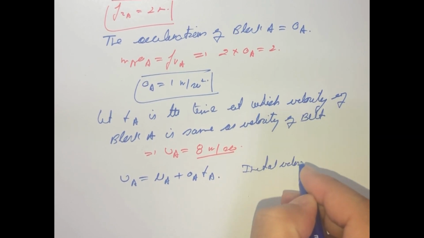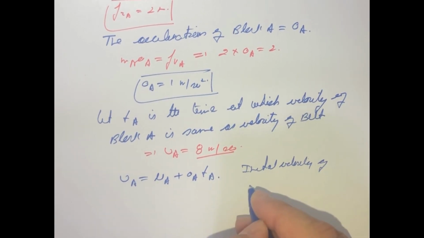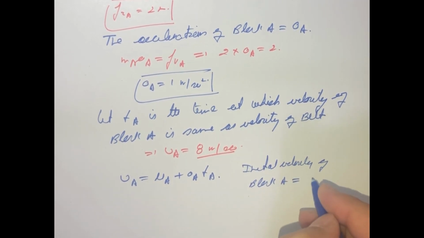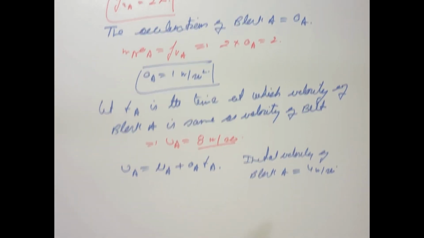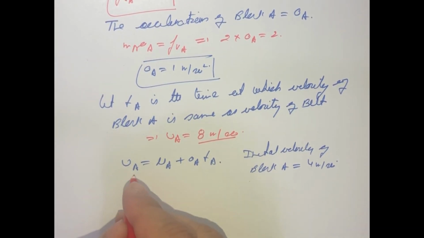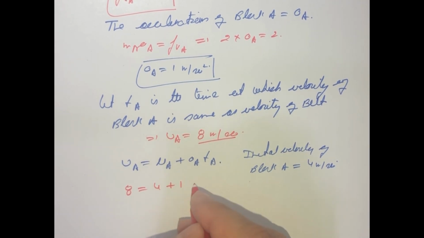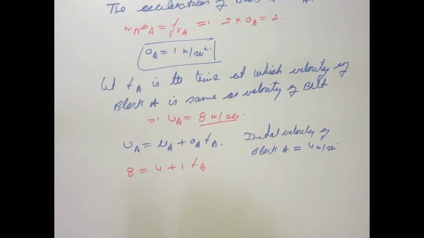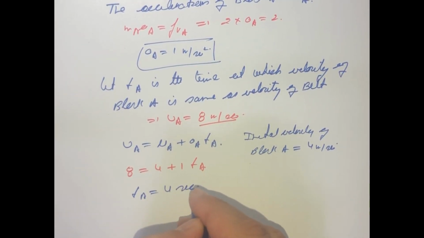So from here we have 8 equals 4 plus acceleration 1 times TA. So we get TA is equal to 4 seconds.